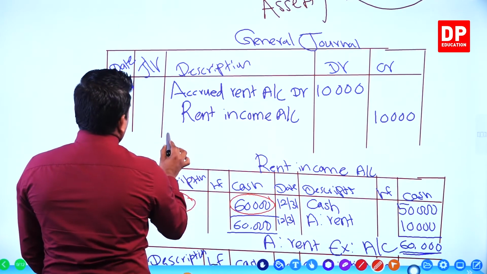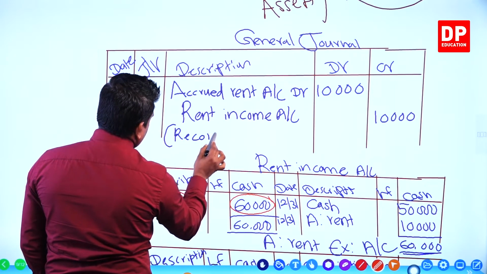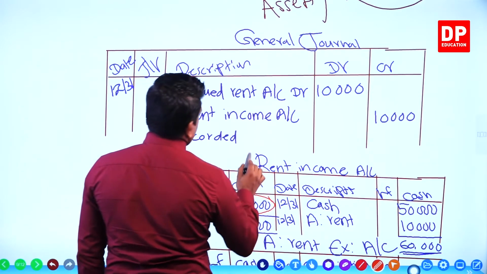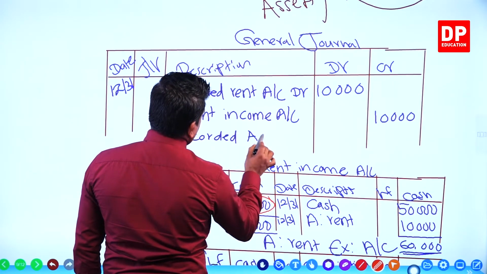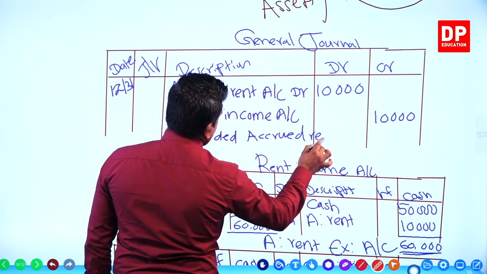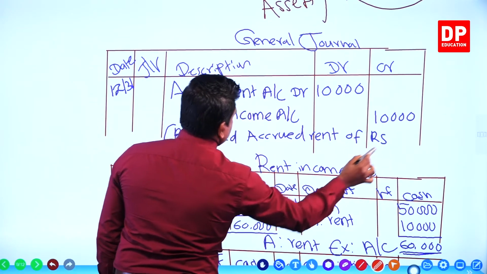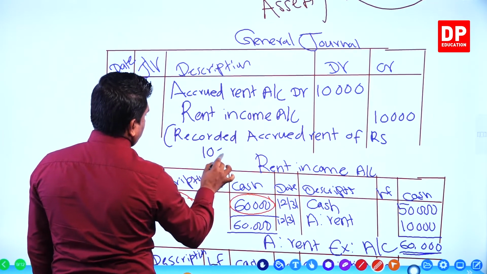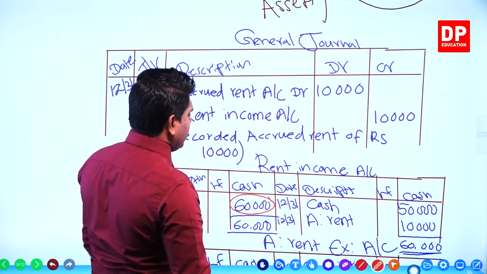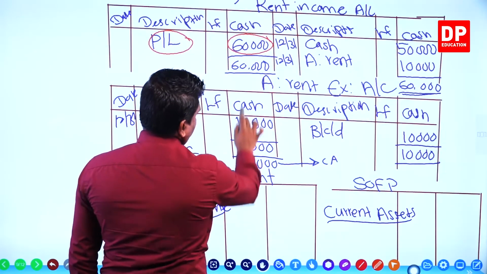What's the narration? Recorded accrued rent of 10,000.